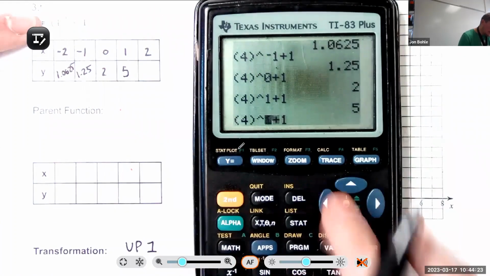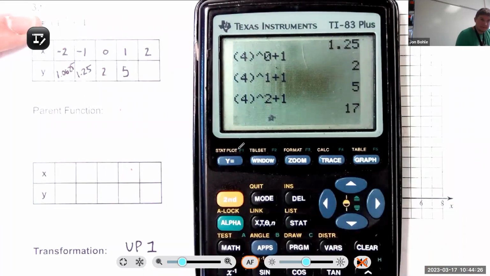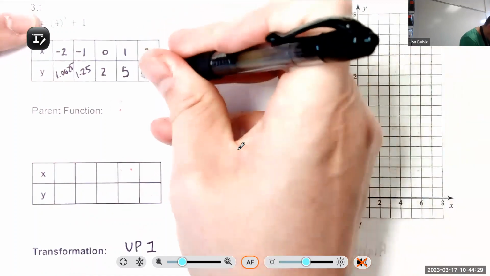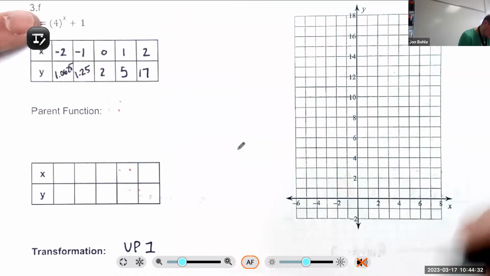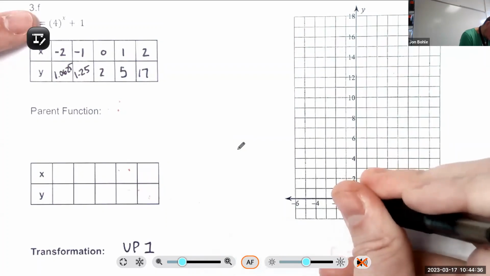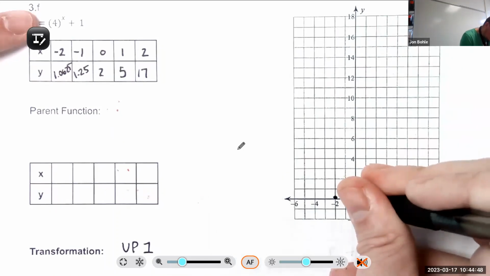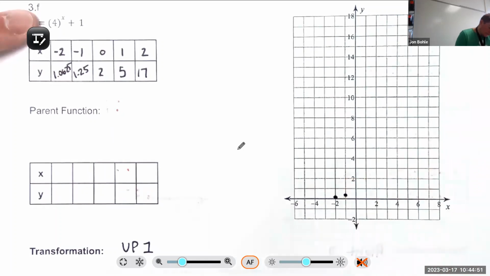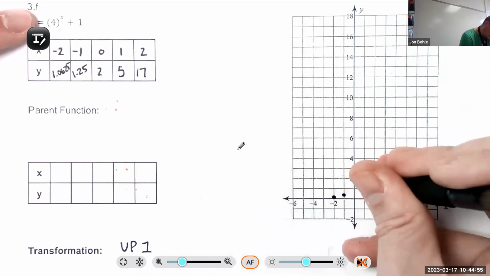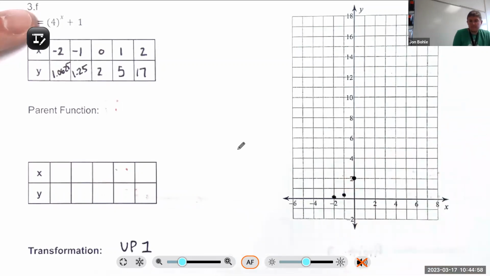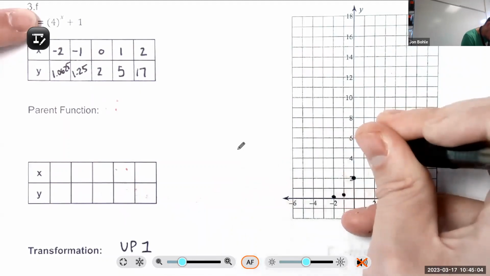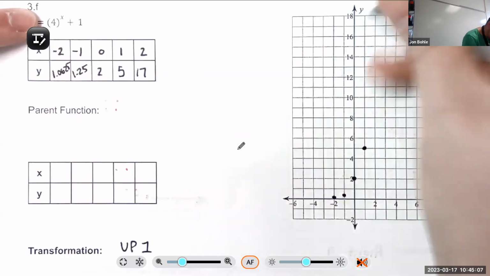All right, and then we plug in 2 for the exponent. Should get 17. -2, 1.06. -1, 1.25. Zero, 2. One, 5. And then 2, 17.